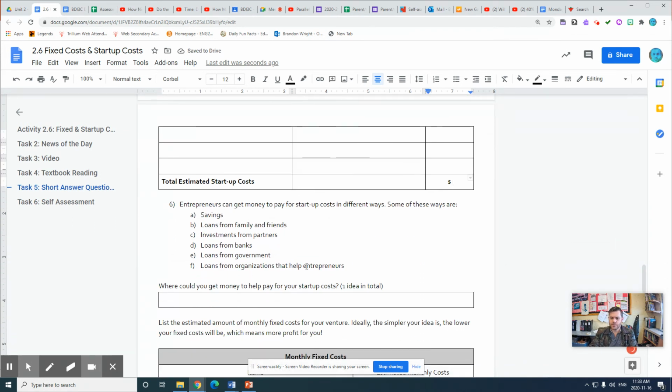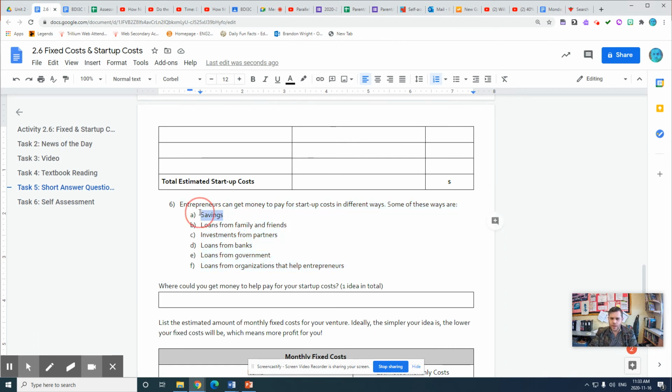Okay, next. Here are just some ways where entrepreneurs can get money for their business to help pay for their startup costs. Savings, loans, investments. Now, for your simple business idea, you're probably able to get money through working part-time or full-time jobs.